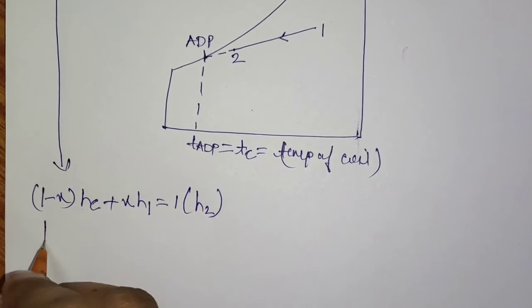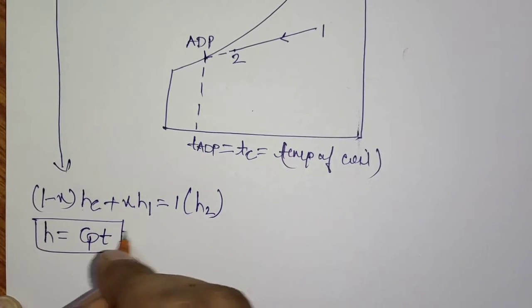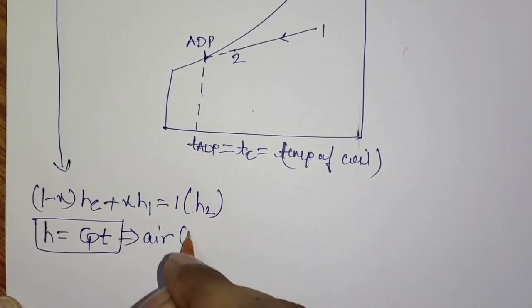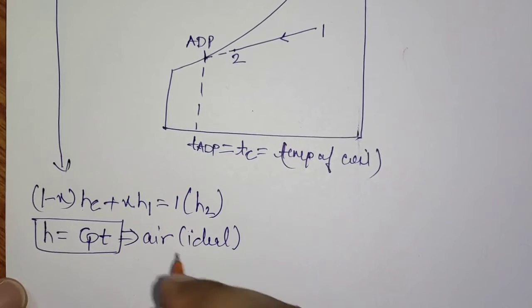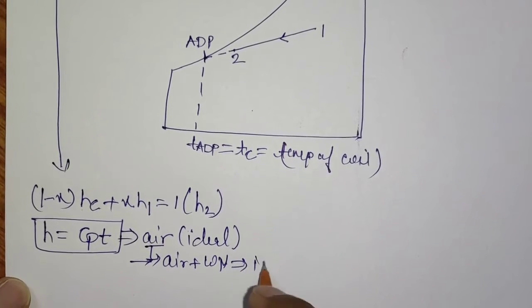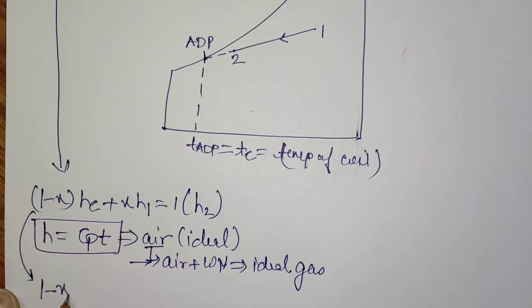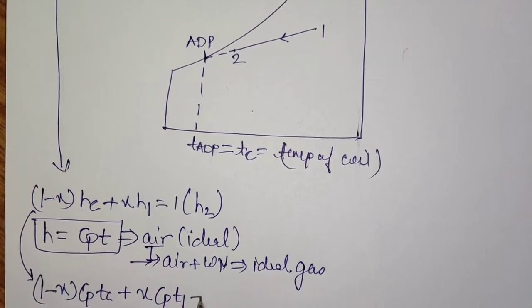We know that enthalpy is a function of temperature only for air, which is an ideal gas. And in this case, the mixture of air plus water vapor is also considered an ideal gas. Therefore the equation becomes (1 minus x) Cp Tc plus x Cp T1 equals Cp T2.